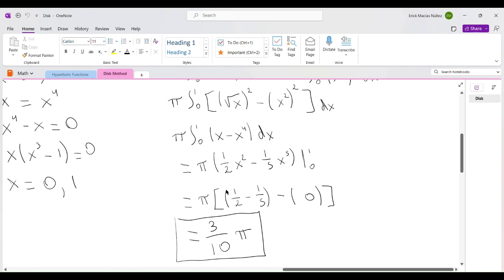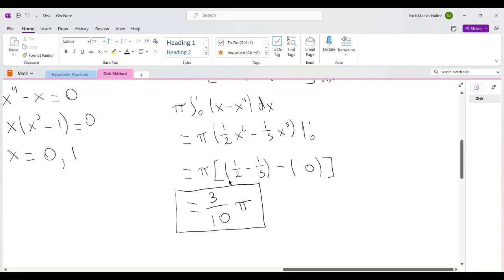This one will be the 0, and this one will be the 1. You just replace the x with the 1, so you end up having this. And for the 0, we already know that everything multiplied by 0 will be 0. So the answer for this will be 3/10 pi.